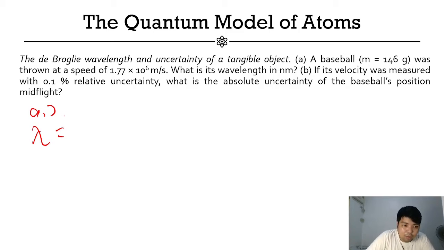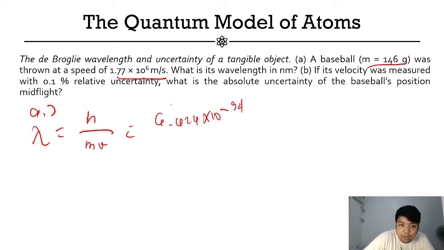So the de Broglie wavelength is equal to h, the Planck's constant, divided by the momentum, which is mass times velocity. This is the mass in kilograms, and this is its speed in meters per second. We have the Planck's constant here, which is 6.626 times 10 to the negative 34 joule-seconds. Then we have our mass, but the mass is given in grams, so we convert this to kilograms.